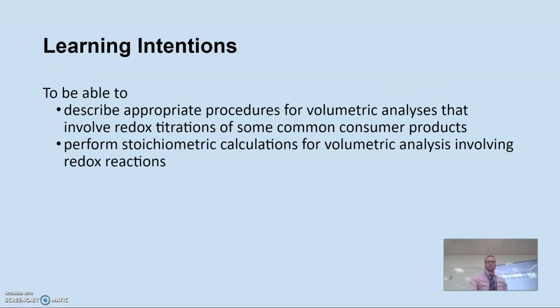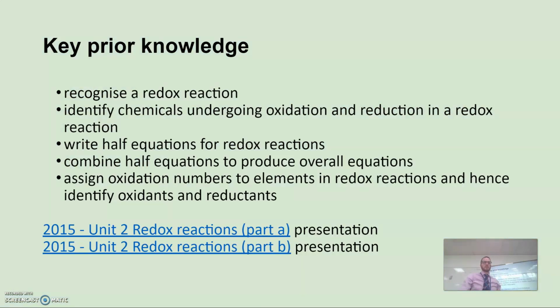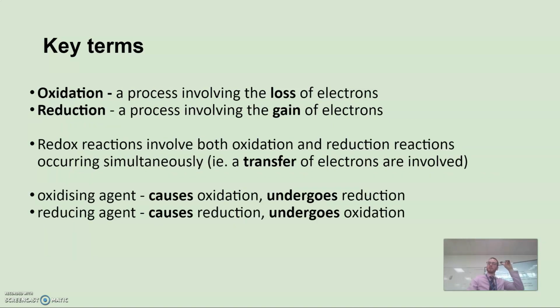Redox titrations. Describe appropriate procedures for volumetric analysis that involve redox titrations of some common consumer products. Perform stoichiometric calculations for redox titrations. Quick recap of redox. Oxidation involves loss of electrons, reduction involves gain.